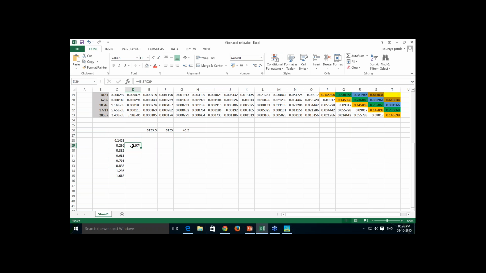Whatever numbers come, we plot them here, and the resistances will be derived from the low 8153 added with these numbers.